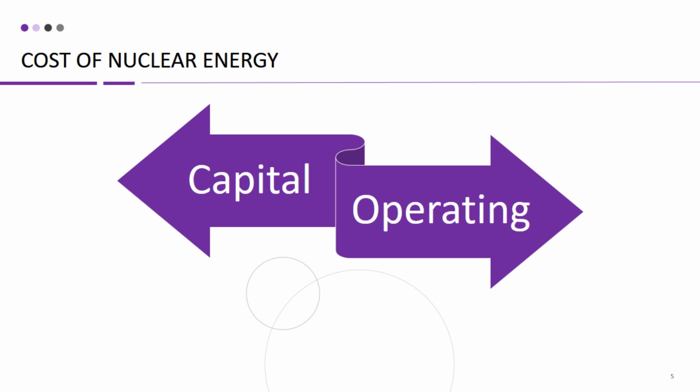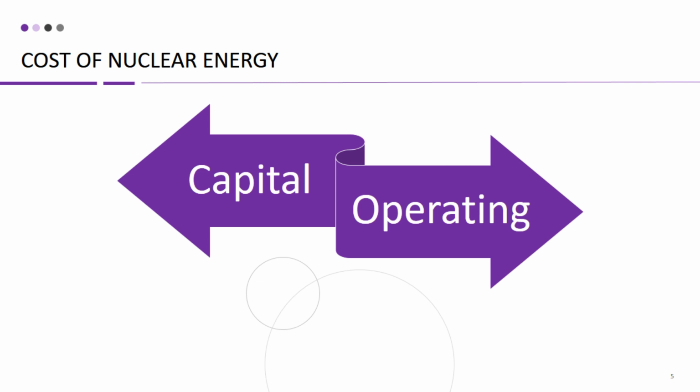The cost of nuclear energy has been a topic of debate for many years, with proponents arguing that nuclear energy provides a cost-effective source of reliable, low-carbon electricity, while opponents argue that the cost of building and operating nuclear power plants is too high compared to other energy sources.